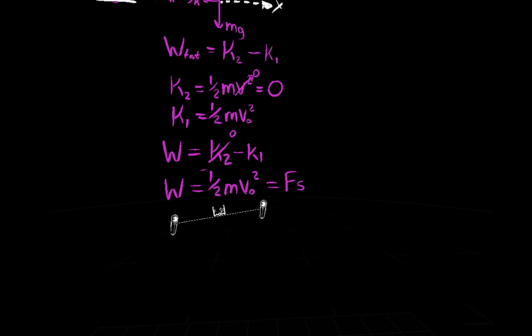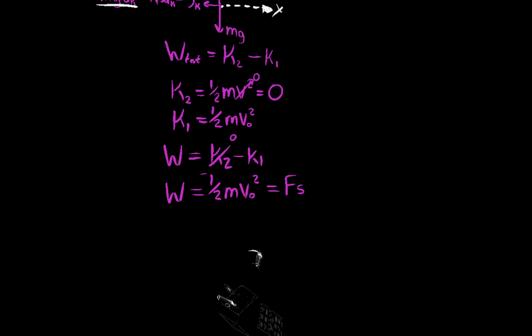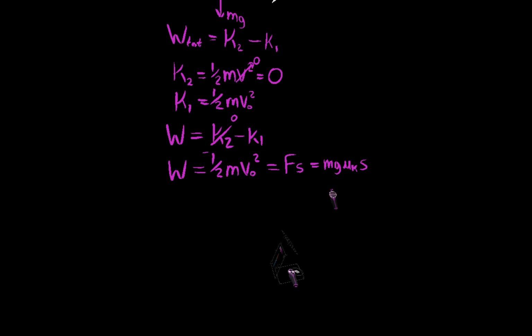And that is the component of force that matters, because that's the component of force that's in the direction of motion, which is what work is all about. So that would be mg mu sub k times s, right?